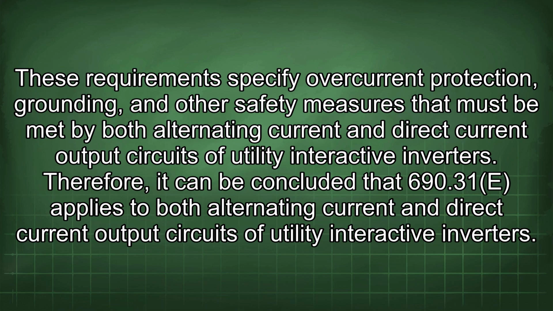These requirements specify overcurrent protection, grounding, and other safety measures that must be met by both alternating current and direct current output circuits of utility interactive inverters. Therefore, it can be concluded that 690.31(E) applies to both alternating current and direct current output circuits of utility interactive inverters.